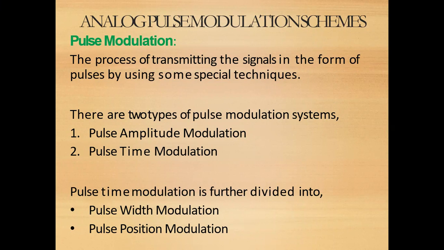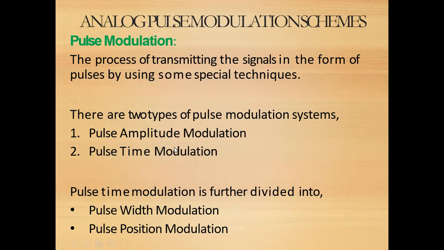But in analog pulse modulation schemes, the carrier signal will be taken as a pulse. The input is a message signal, a continuous signal, and the carrier signal will be taken as pulse, which we will observe while seeing the waveforms.